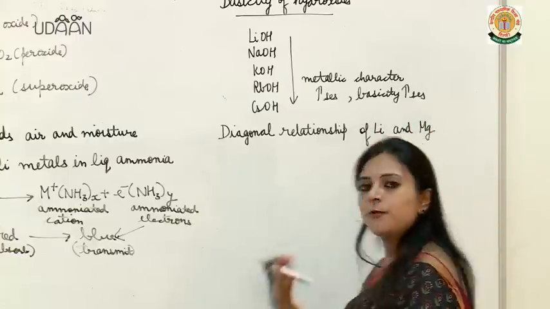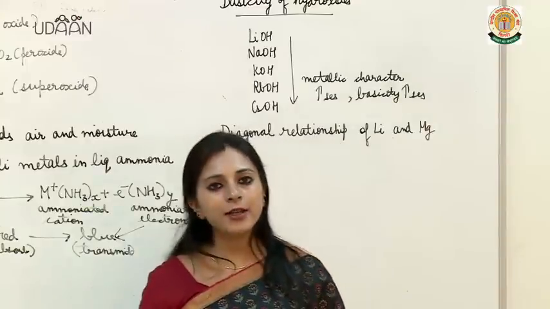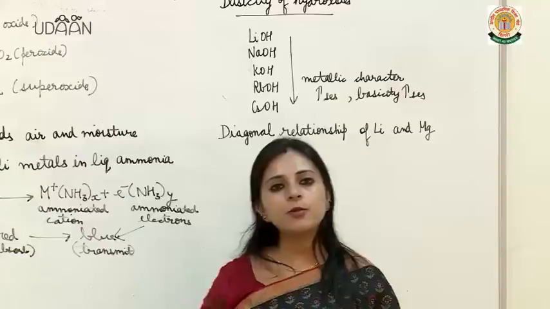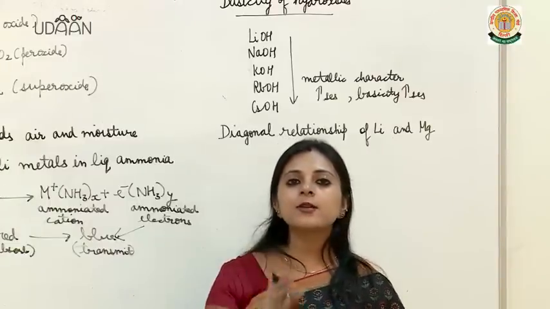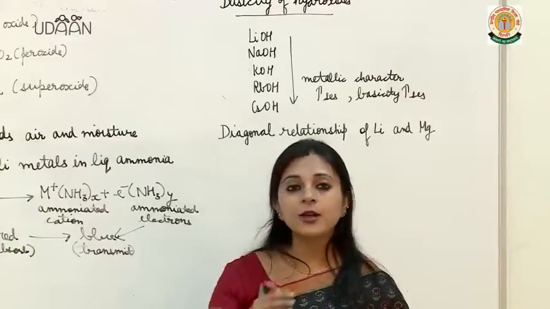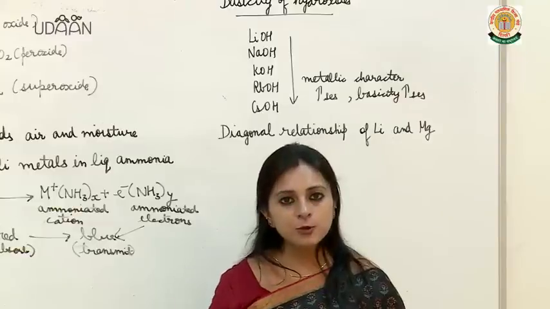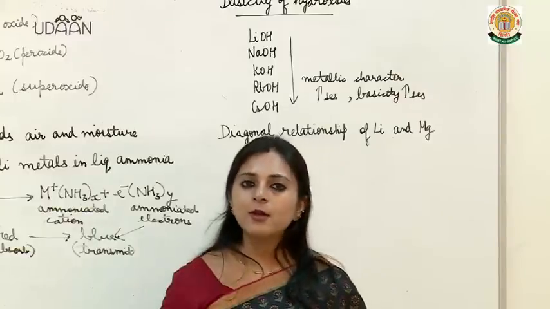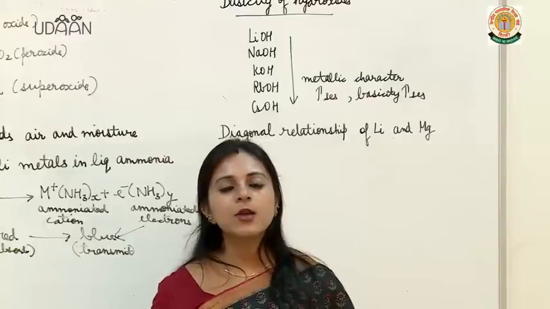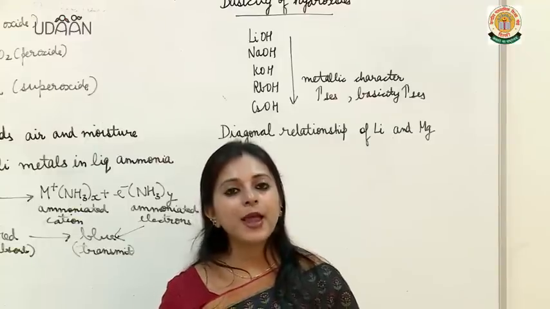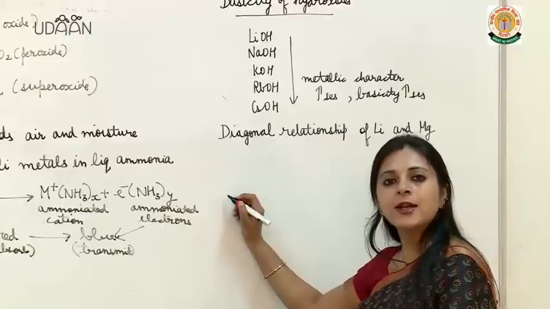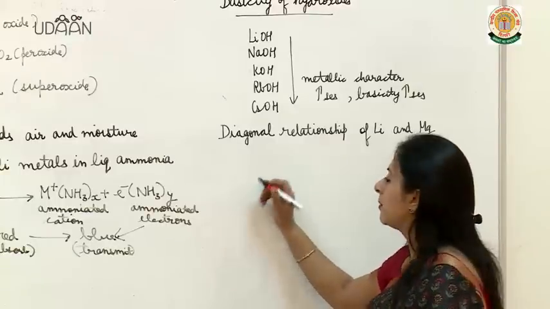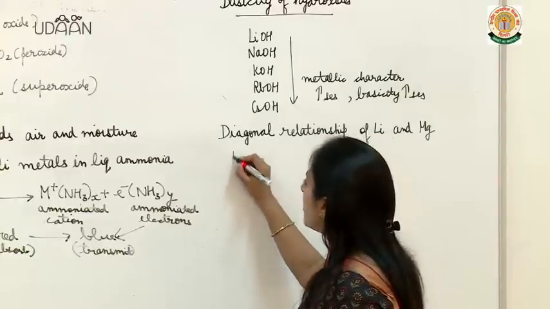Now lithium is the first element of alkali metals and magnesium belongs to the alkaline earth metals. Now lithium is showing certain properties which the other members of the group are not showing because of the absence of vacant d orbitals in lithium, small size of lithium, and because of the high ionization energy and high electronegativity of lithium.